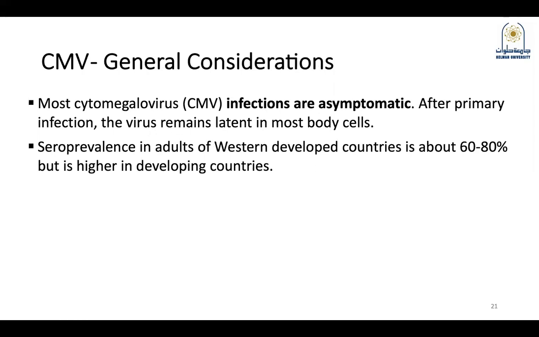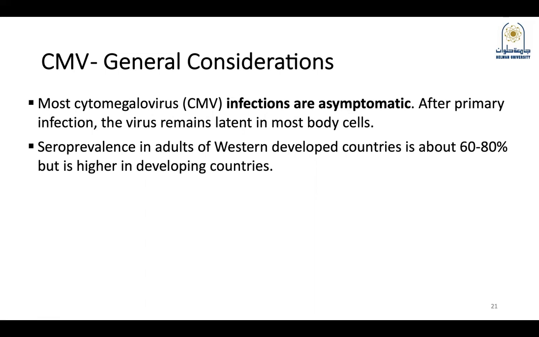So it's one of the latent infections. Latent infection means that this virus might flare in the future when the patient is immunocompromised or exposed to stress. And we will discuss the types of these patients later on.